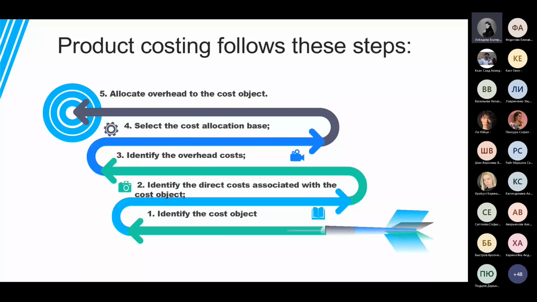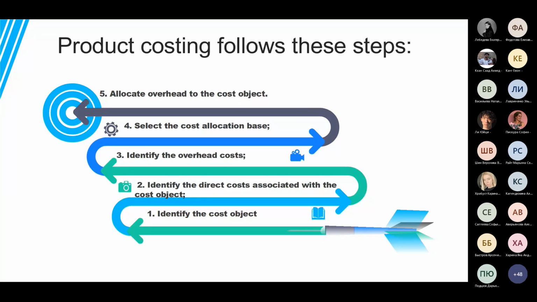How do we perform the process of cost allocation using a cost driver? First of all, we identify the cost objects. Then we move to identification of the direct cost associated with the cost object. Then we move to identification of the overhead cost or indirect cost.